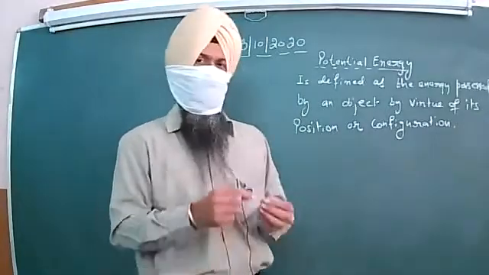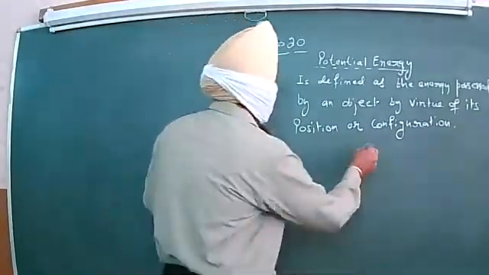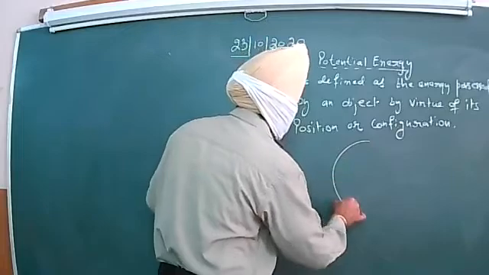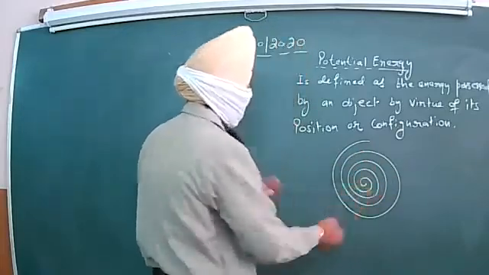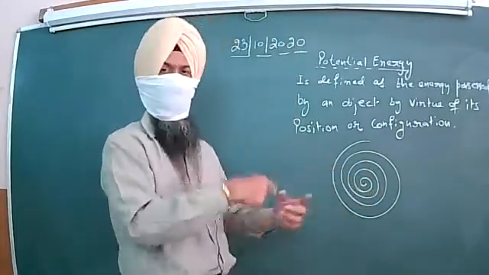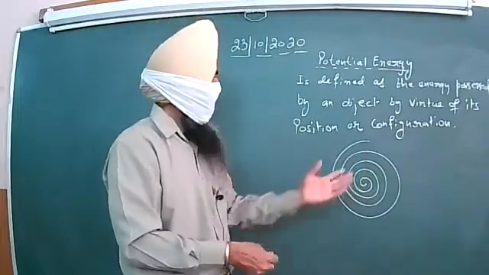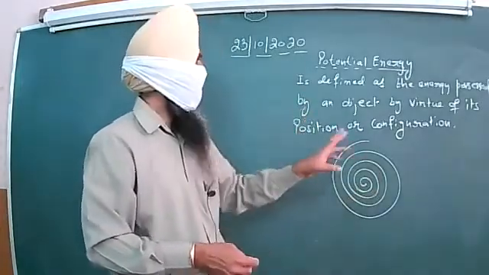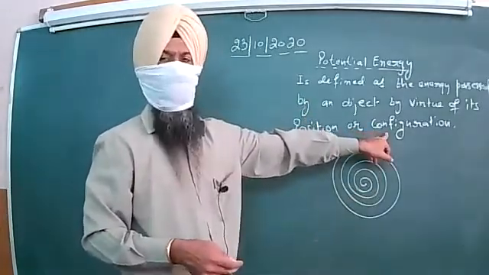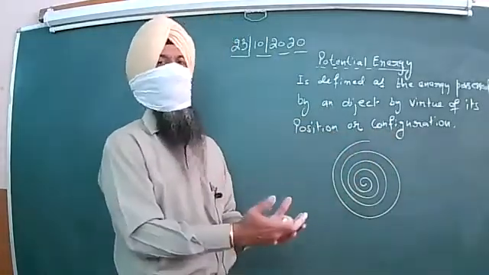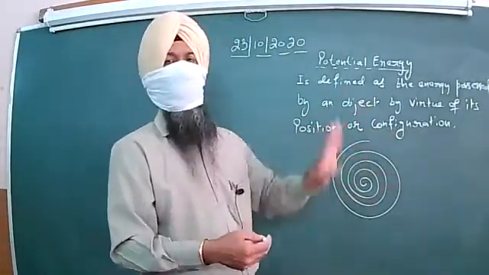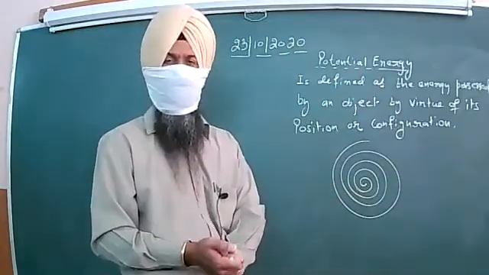So you have a spiral spring. You can see this is the spiral spring. We make the windings tight. This is the loose position. When it is made tight, energy is stored in it in the form of its configuration. As it unwinds, that stored energy may be taken out in the required form.